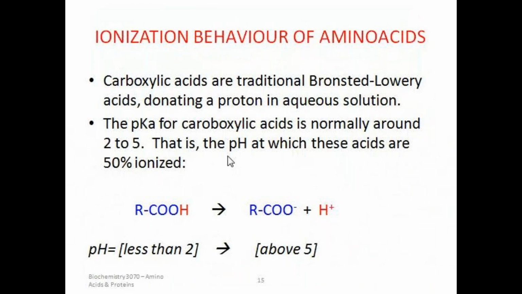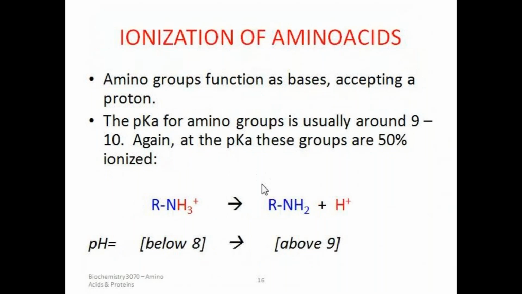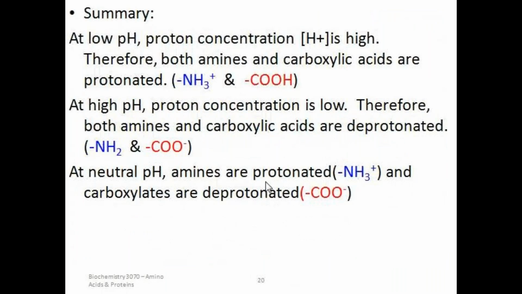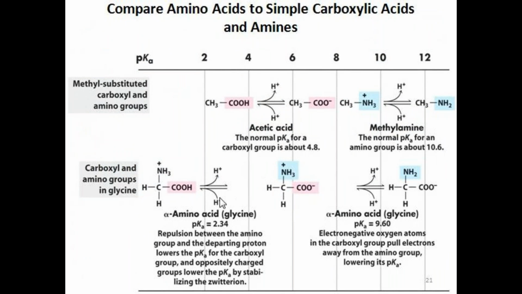We also discussed the different properties of amino acids, mainly the ionization behavior of amino acids, which mainly exist as zwitterions, and the calculation of pKa. Zwitterions we also discussed, and the comparison of amino acids to simple carboxylic acids.